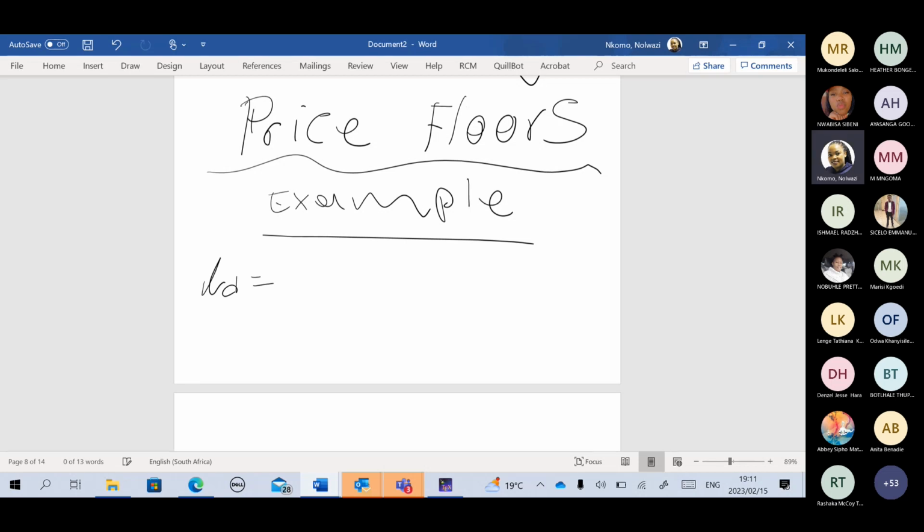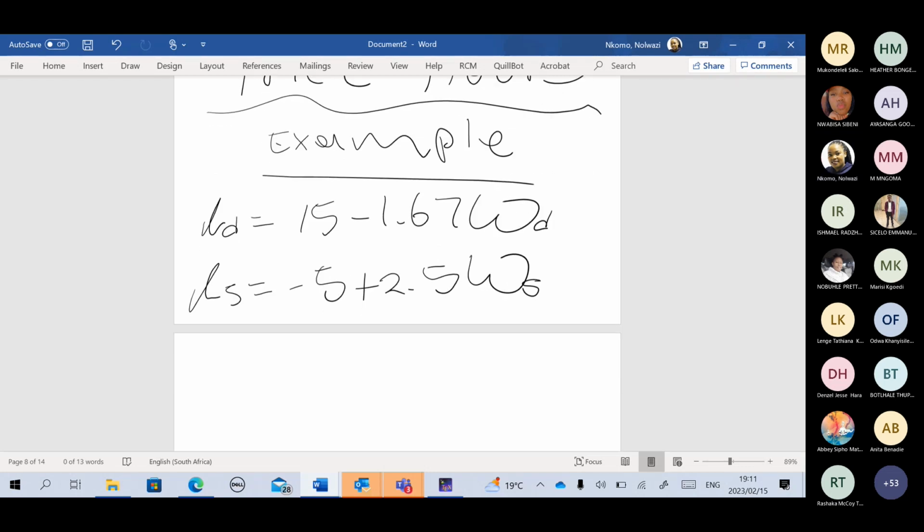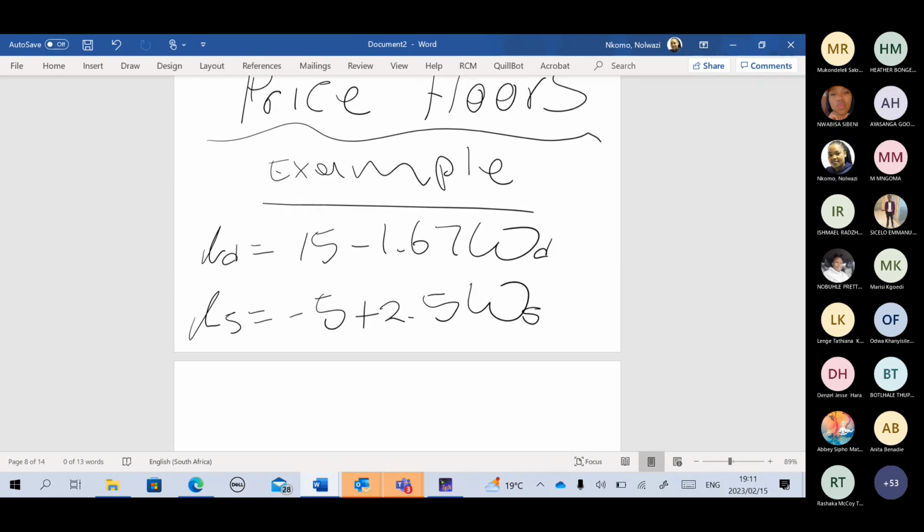This is our labor market demand function, 15 minus 1.67, and then the labor market supply function.